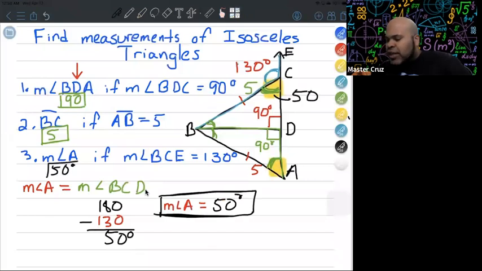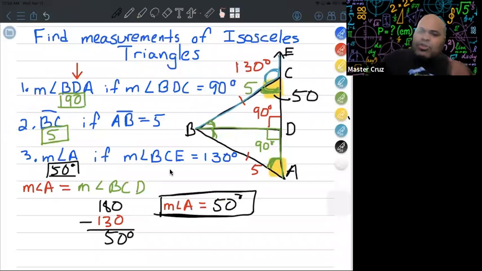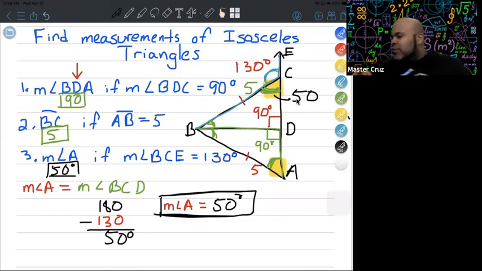So hopefully you understand. When you have an isosceles triangle, meaning that these two sides are exactly the same, because this is given to us, then these two angles are exactly the same. The way that you could calculate that is to subtract from 180, and that will give you the angle inside, which is 50 degrees, and then you get the angle at the bottom.